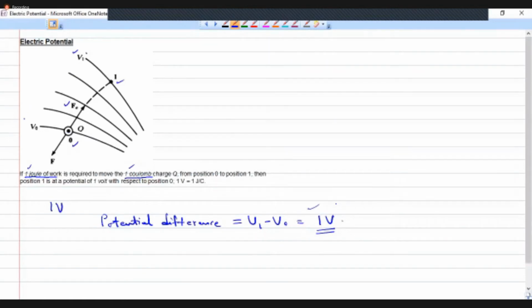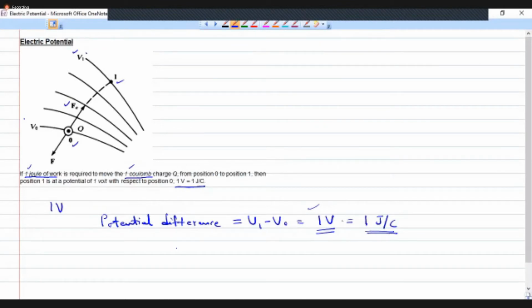So the other unit is joules per coulomb. We can write 1 volt is equal to 1 joule per coulomb, another unit for volt.